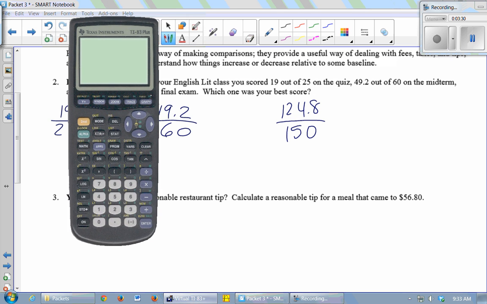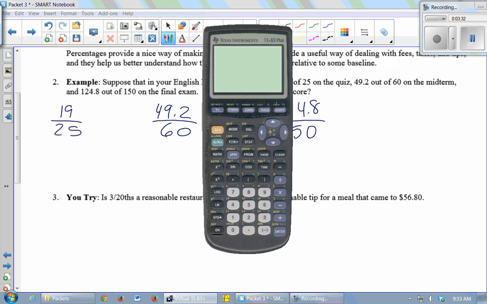To create the decimal, you divide. Fraction bar just means divide. So that says 19 divided by 25, and that's 0.76, which is 76%. 0.76 means 76 hundredths, because there's 7 tenths and 6 hundredths, and 76 over 100 means 76%.